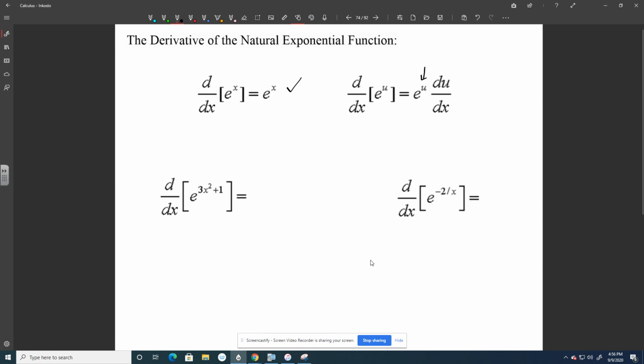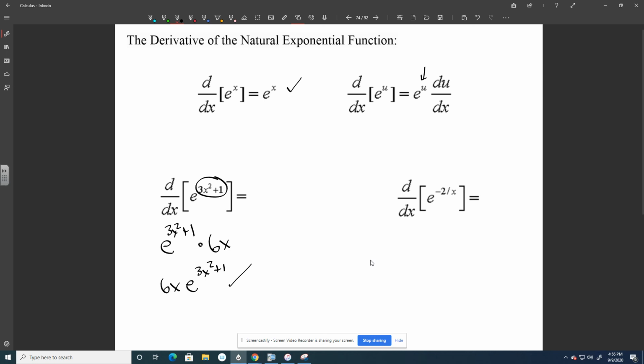So down here, the derivative of e to the 3x squared plus 1 is e to the 3x squared plus 1, but I have to multiply by the derivative of my exponent. So the derivative is going to be 6x. And so I would rewrite that as 6x e to the 3x squared plus 1. Okay, and that's it for that one.